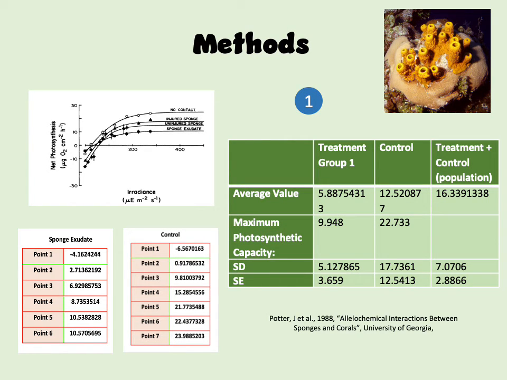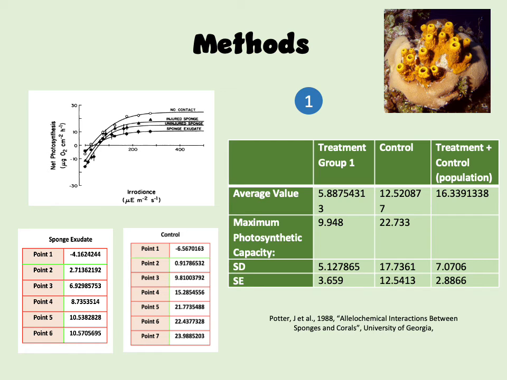So for my first paper, I took out this figure that measured the average fluxes of net photosynthesis over small increments of irradiance of 4 different types of corals with different treatments. And so I used WebPlot Digitizer, and I took the no contact curve as well as the sponge excited curve, and I was able to grab these data points.